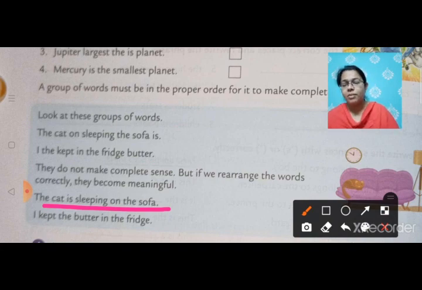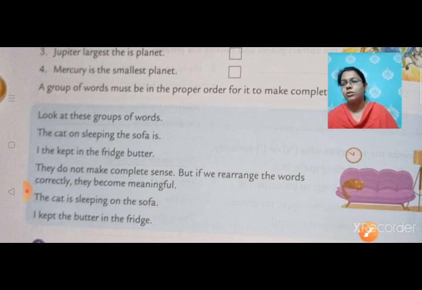And why we are able to understand it? Because the sentence is having a correct meaning. Okay? So whenever we arrange the words properly in a proper order, then only you can understand the meaning of that sentence. If you see the second one, I the kept in the fridge butter.